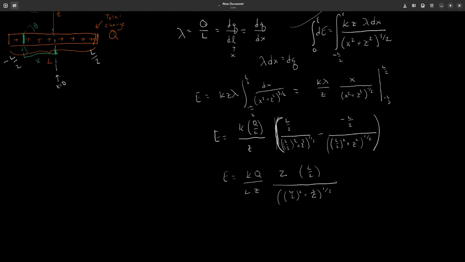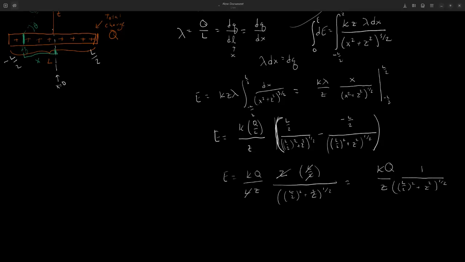And so now I can cancel out an L, and I can cancel out these 2's, and I end up with k total charge Q over z times 1 over L over 2 squared plus z squared, that to the power 1/2. And that's the final answer.